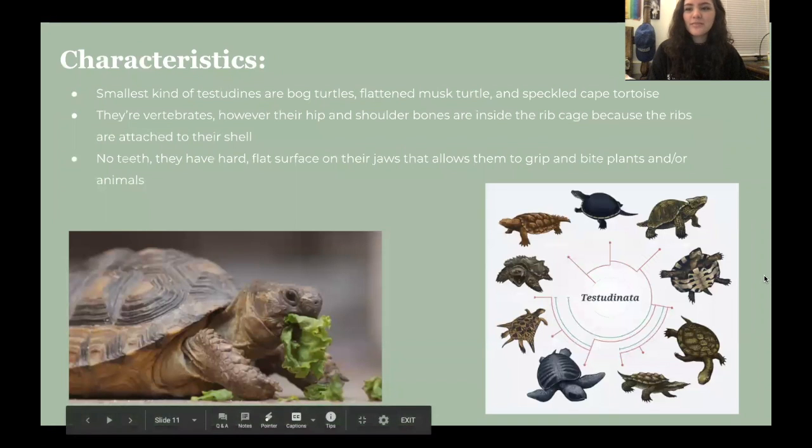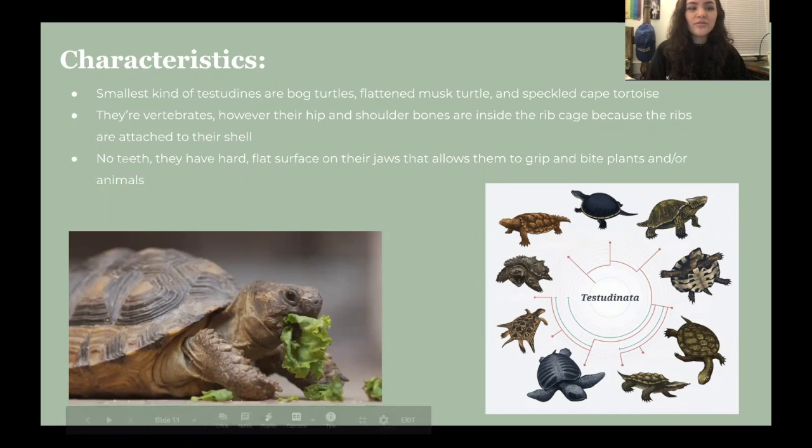Some characteristics about this species is that they're the smallest kind of testudines, and those include bog turtles, flattened musk turtle, and speckled cape tortoise. They're vertebrates, but their hip and shoulder bones are inside the rib cage because the ribs are not attached to their shell.